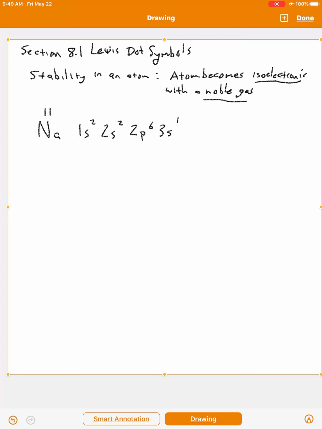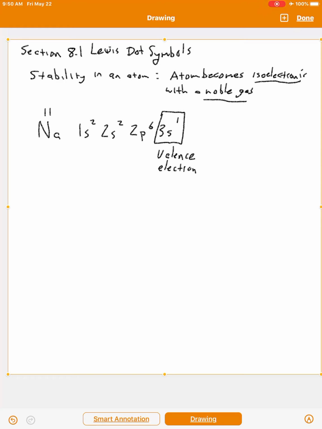So what sodium does when it reacts with water is lose this electron right here, its outermost electron, which we call a valence electron. The valence electrons are the electrons in the outermost shell of the electronic configuration of the atom.